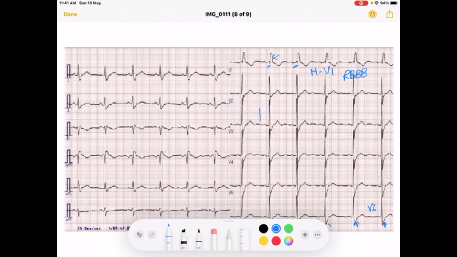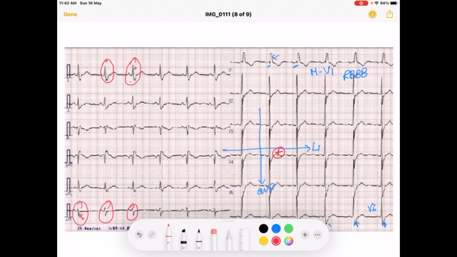So now let's see the axis deviation. In lead 1 there is both positive as well as negative wave, but predominantly it is positive. Coming to AVF, AVF also has positive and negative waves, but predominantly it is negative.